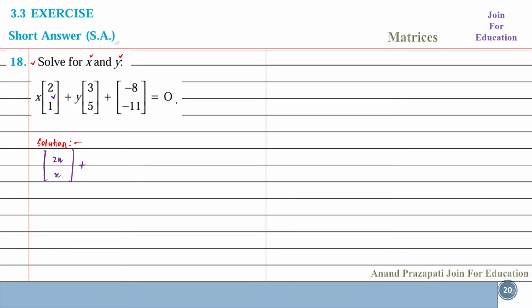Plus each element of this matrix multiplied by y, then we get here 3y plus 5y. And we write down here minus 8, minus 11, equal to 0. It means that this is a 0 matrix of the same order.